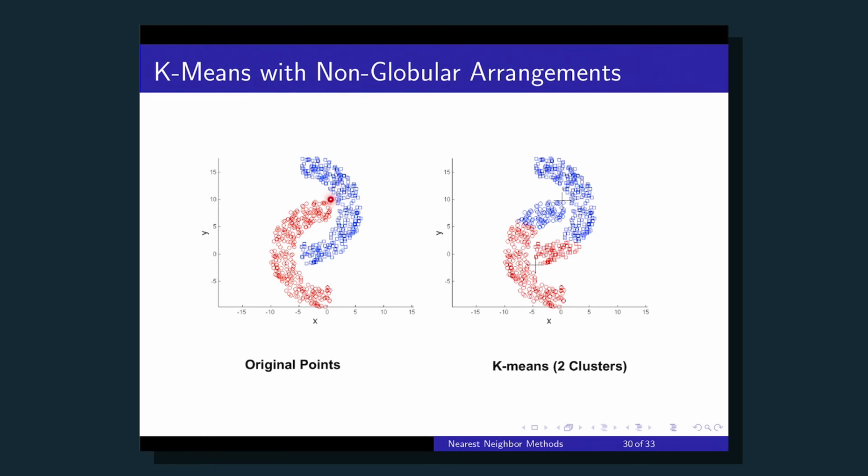But obviously, from a different view than Euclidean, these are very different clusters, but k-means will not be able to figure that out unless you use some kind of kernel, or retransform the points somehow, or use some different distance metric. And this goes for k-means and kNN as well. We've already talked about kernels, and you can use kernels for both nearest neighbor methods, and you can use kernels for k-means as well.